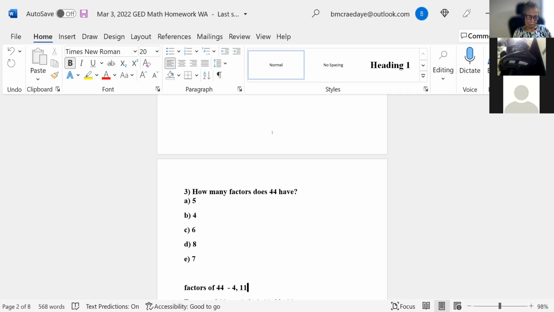Are there no other numbers you can multiply and get 44? 1 times 44. Other than 1, what about 2? Isn't 2 times 22 44, right? So 2 times 22. Anything else you can multiply and get 44?